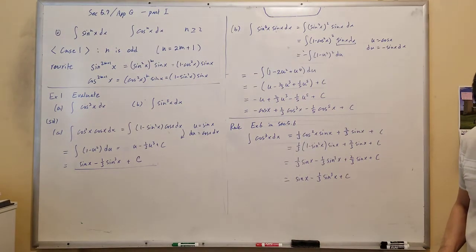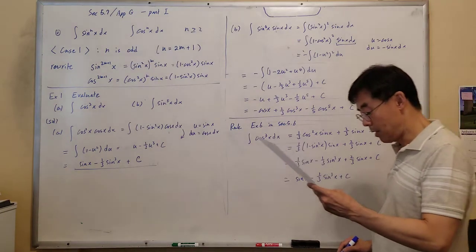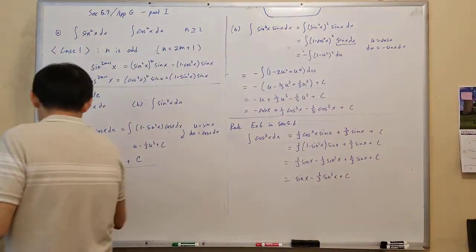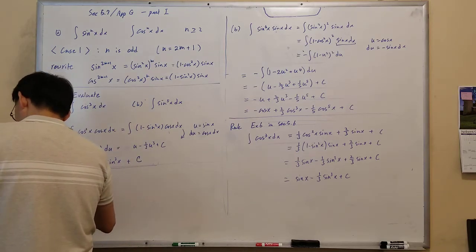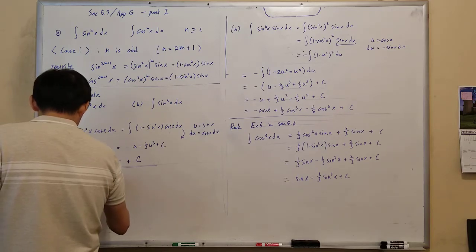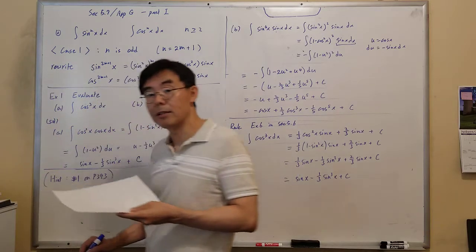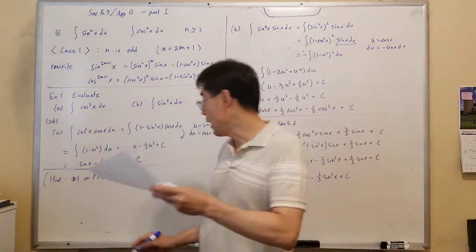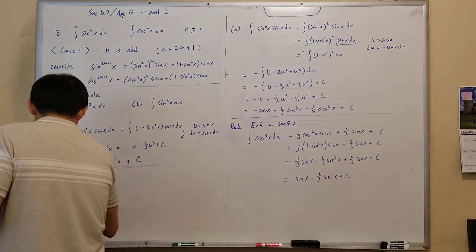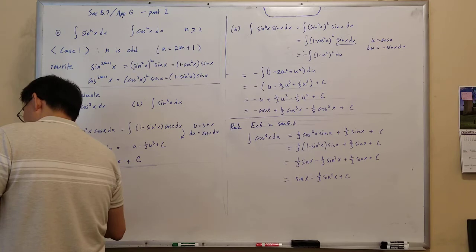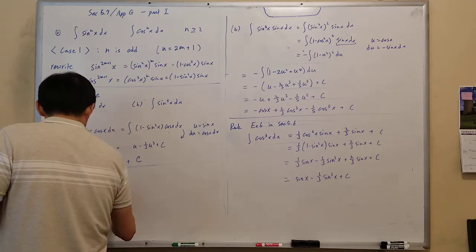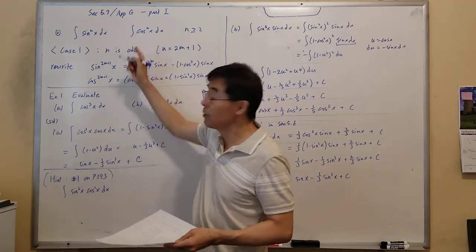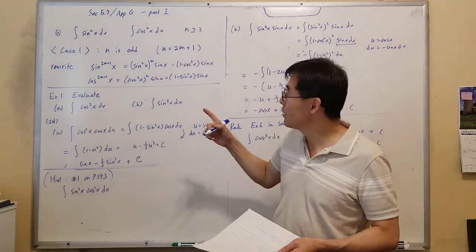Now, next comment is a remark on the hint. Number 1 on page 393. This is the first homework problem in this section. And you have sine cubed x times cosine square of x. It's not exactly one of these forms, but idea is same.